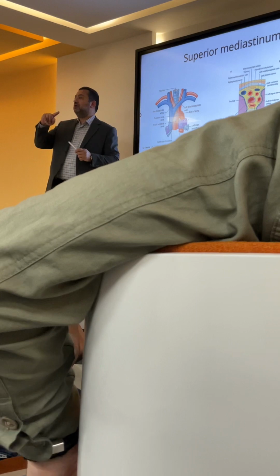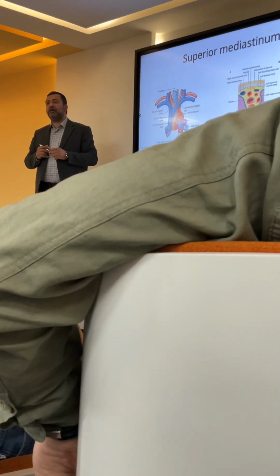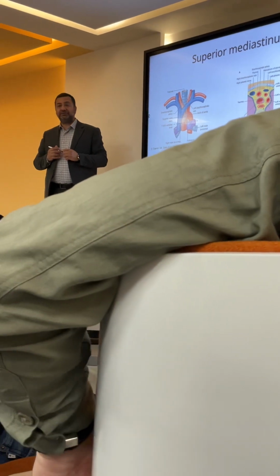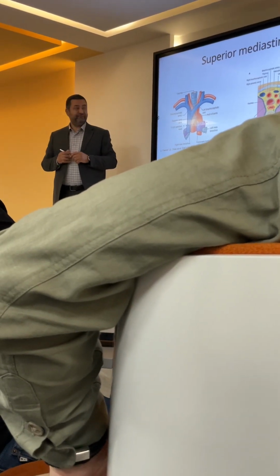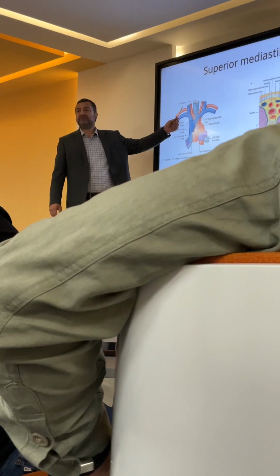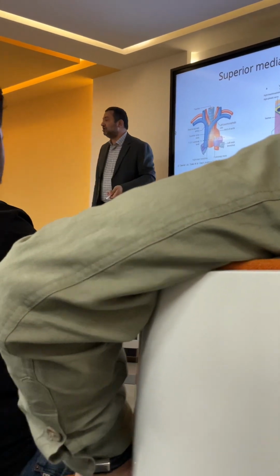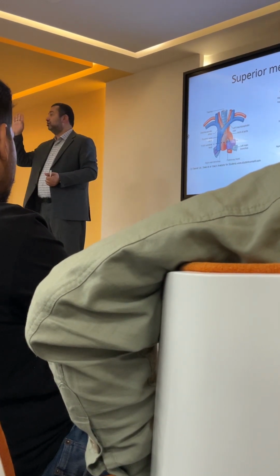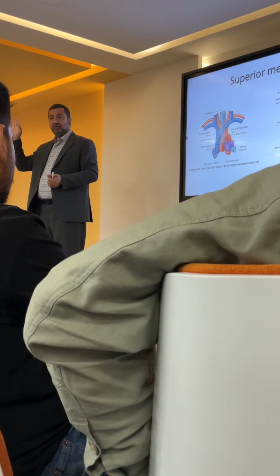From the convexity of the arch of the aorta, three main or large branches emerge. The first one is the brachiocephalic trunk. The brachiocephalic trunk has a length of 5 centimeters and ascends upward and to the right side.